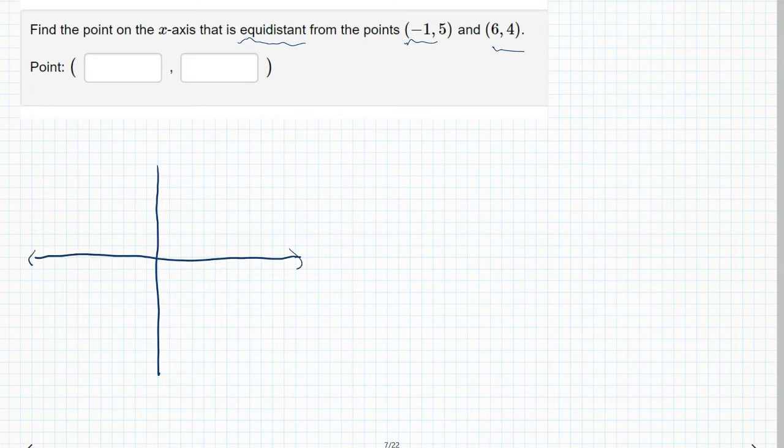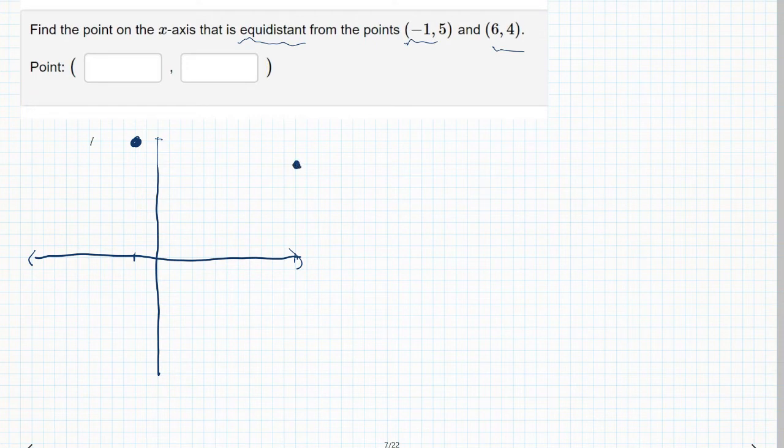So we have -1, 5. Something right there. And then 6, 4. So 2, 3, 4. I'll just say it's right here, and then 4.